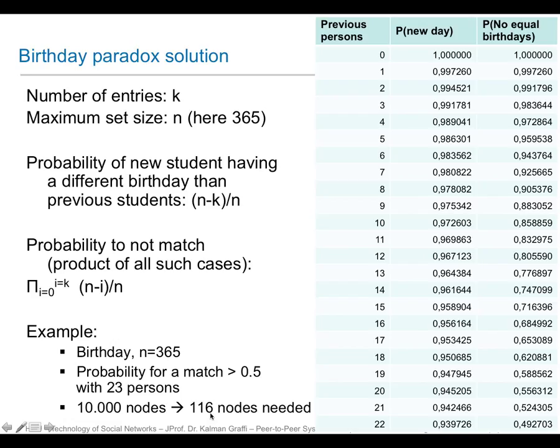How many nodes did we have to search with the flooding to find that single file? Do you know? Yes, O of n. And now we have O of square root of n. And this is quite good. This is for the search.